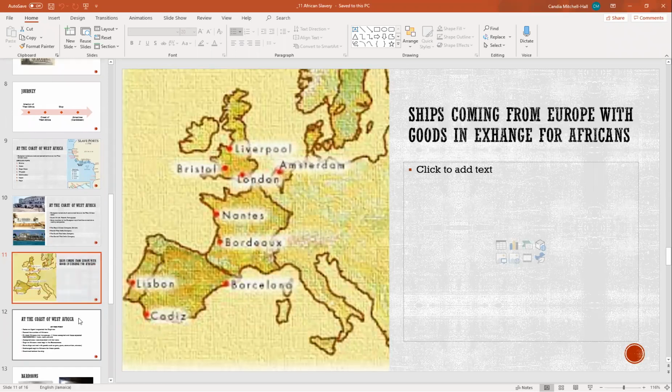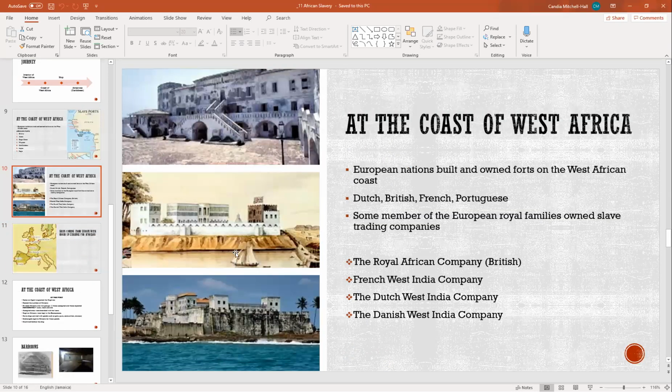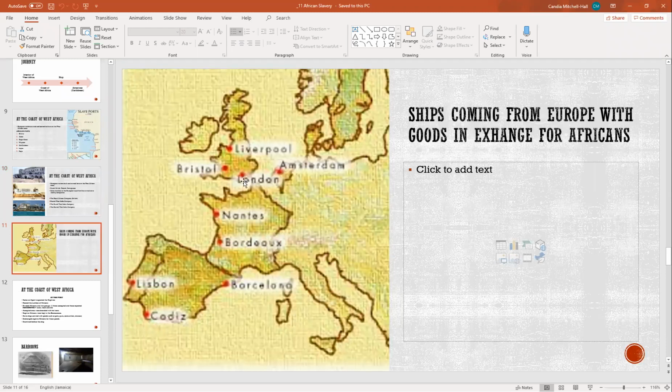Now, the ships that are coming to the forts, they are not coming just empty. They are coming from several different parts of Europe. Please know the different parts. In England or Britain, you had Liverpool. So ships came from Liverpool, Bristol, and London. In the Netherlands, you have Amsterdam.